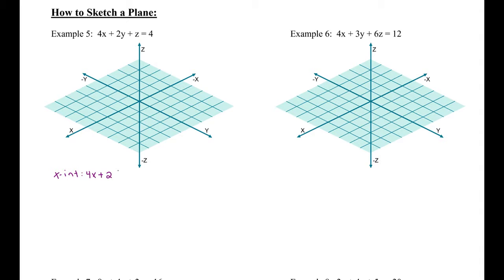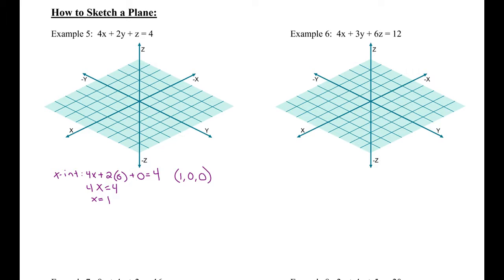So I have 4x plus 2 times y plus 0 equals 4. So I end up with 4x equals 4, or x equals 1. This is the ordered triple 1, 0, 0, because I plugged in 0 for y and for z, and because we solved and got 1 for x.